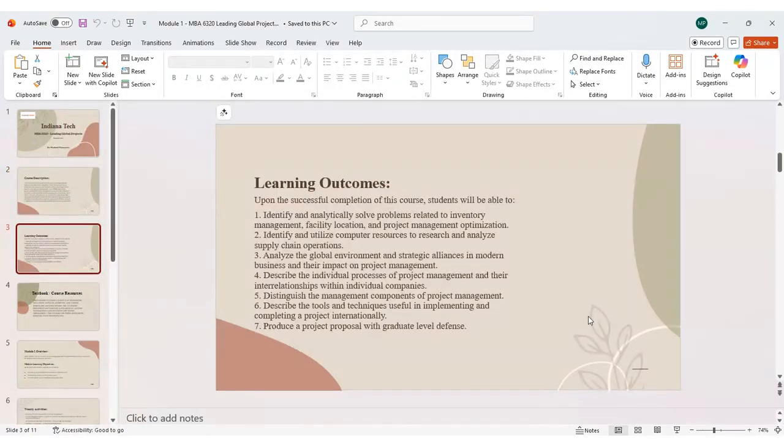So then we have several learning objectives for this particular course. But before I go through them, I just want to give you a little background about myself. I've been teaching for more than 8 years. I've been working in project management for over 20 years. And my doctorate degree is with a specialization in project management.